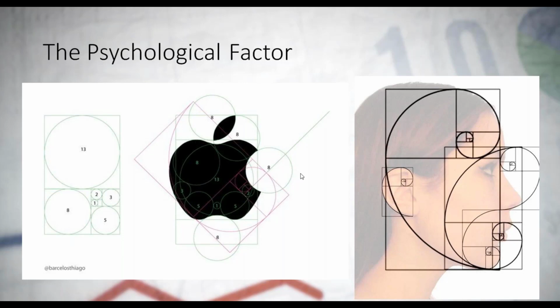At the same time, the same 8th square placed next to the bitten off circle over here, and with another overlapping 8th circle, they're creating the handle of the apple. And the whole height of the apple is 13.